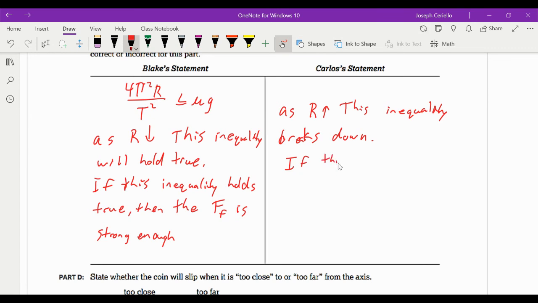If this inequality is no longer true, then the force of friction is not strong enough.